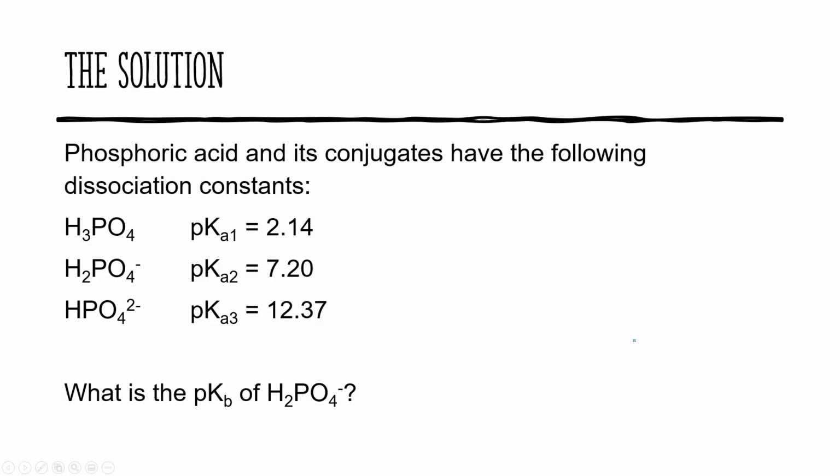Let's go back to the question and answer the question after thinking about that phrase. They're asking for the pKb of H2PO4-. That's telling us that H2PO4- here is acting as a base. So if something's acting as a base, we are looking for the conjugate acid.